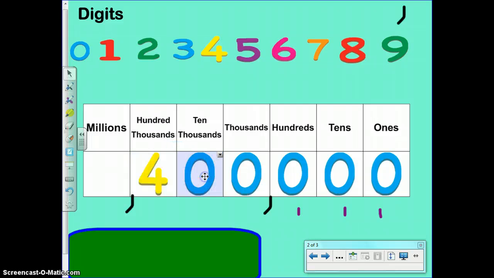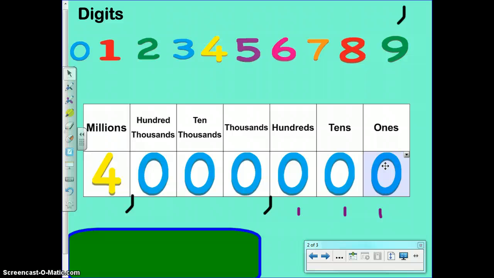It is no longer 40,000, but becomes 400,000. Slide it over again, and it becomes 4 million. So the place value is very important in giving our digits their value. 40 million is a lot different than 4, and so on.